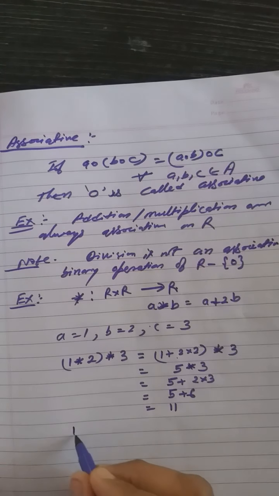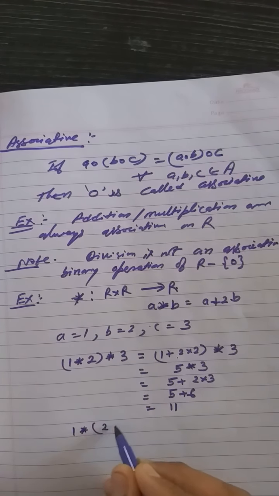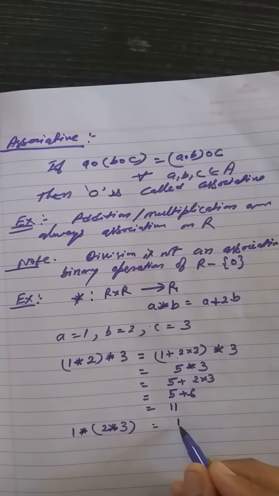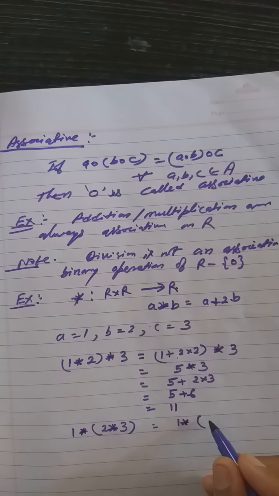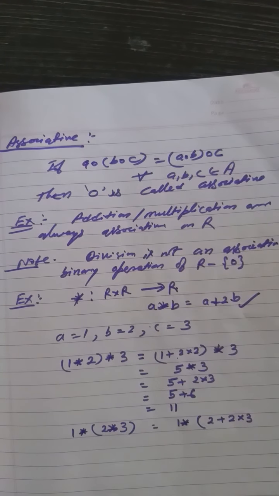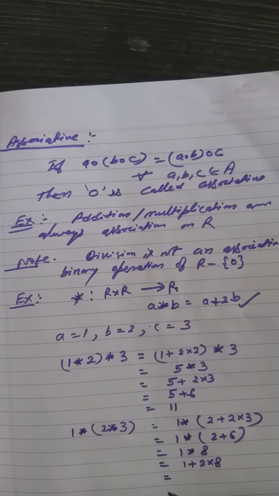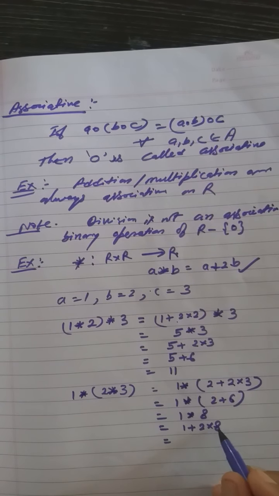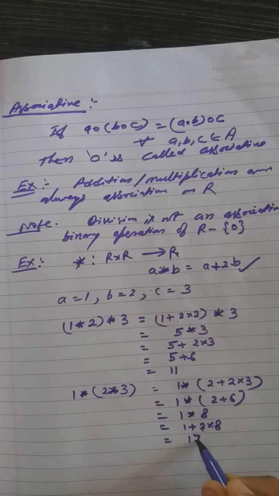Now 1 star (2 star 3). 2 star 3 equals 2 plus 2 into 3, which is 8. Then 1 star 8 equals 1 plus 2 into 8, which is 17.